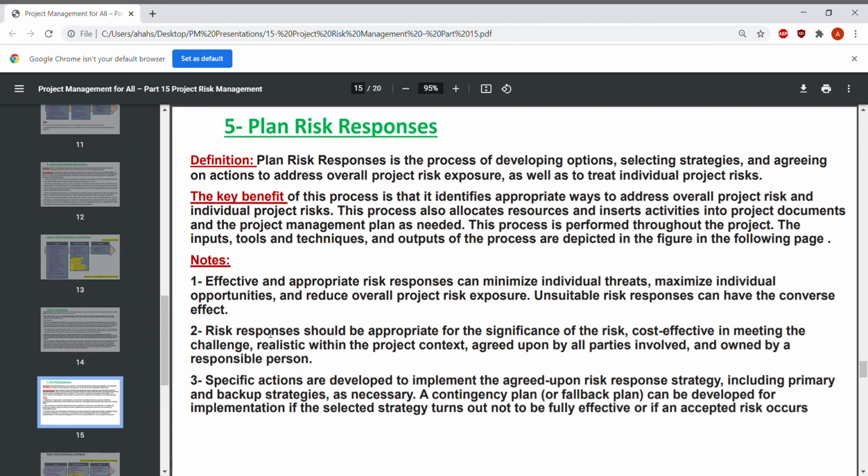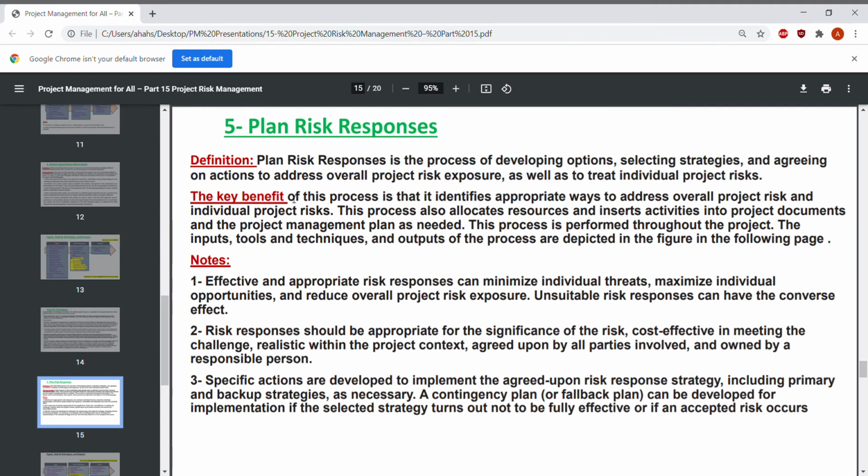The fifth process. So we planned, identified, did the qualitative and quantitative analysis, and then we need to plan the risk responses. Plan risk responses is the process of developing options, selecting strategies, and agreeing on actions to address overall project risk exposure, as well as to treat individual project risk.